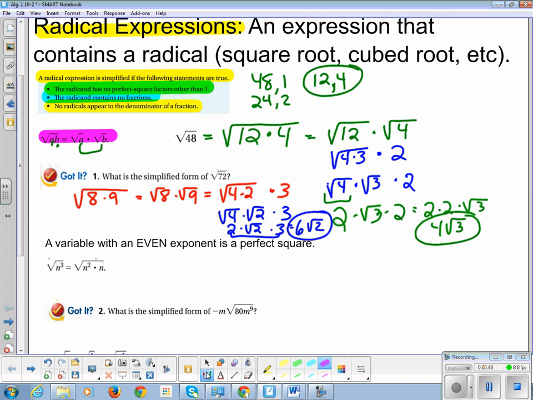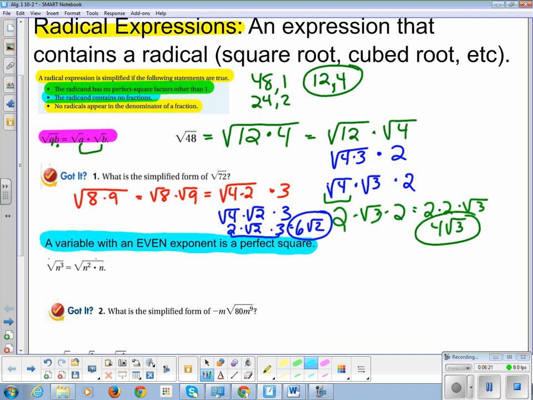All right, so let's take it down to something a little bit more complex. What if I have a variable instead of just a number? So I want to talk a little bit about how to deal with variables inside of square roots. One property that we're going to be using a lot is that a variable with an even exponent is a perfect square.